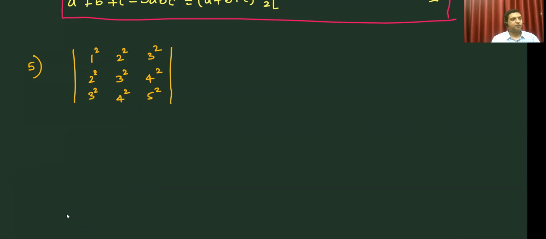We should know that the difference of the squares of natural numbers, they form an AP. Very, very important result. Okay.